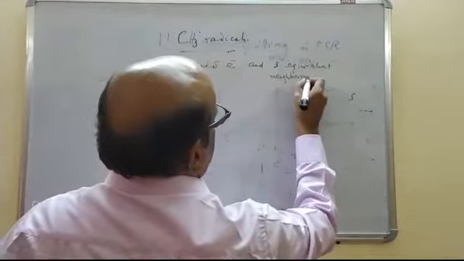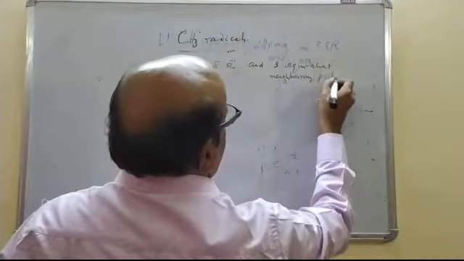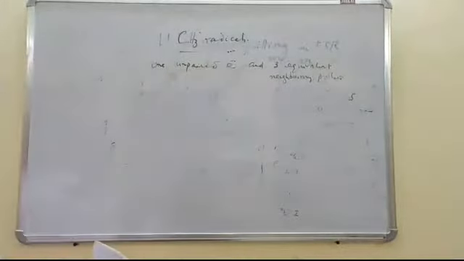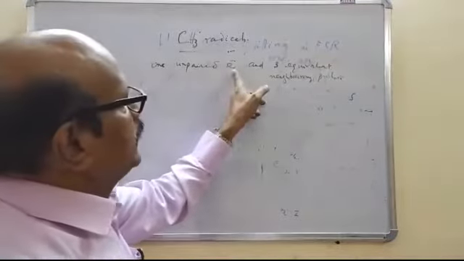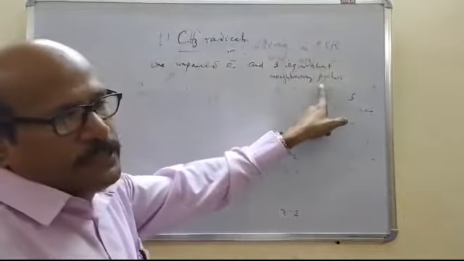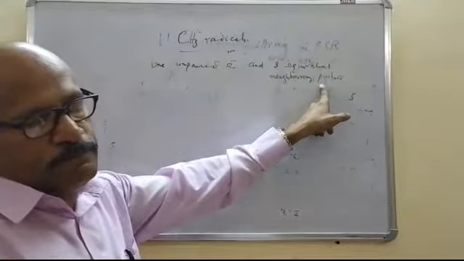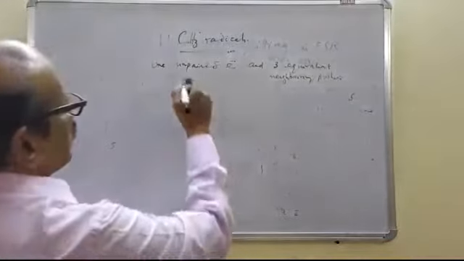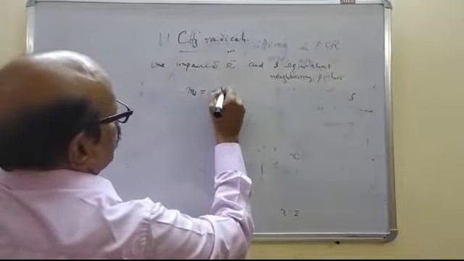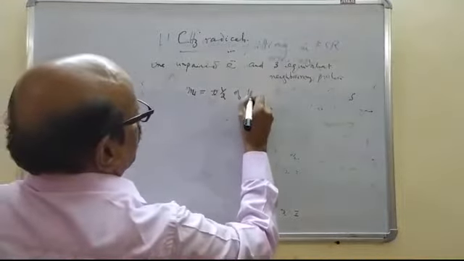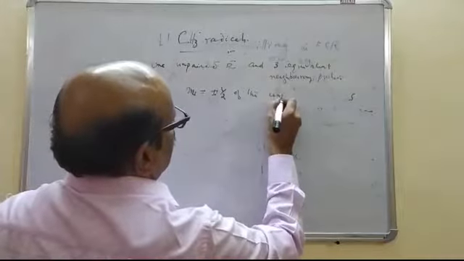This is the situation. So in the methyl free radical, there is 1 unpaired electron and 3 equivalent neighboring protons.